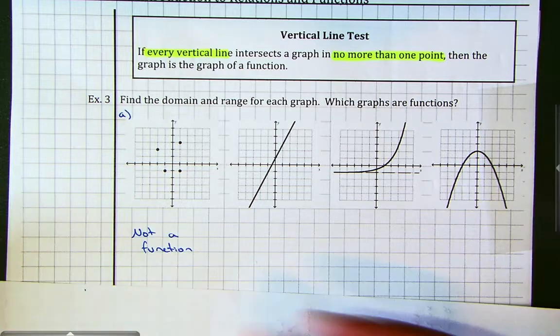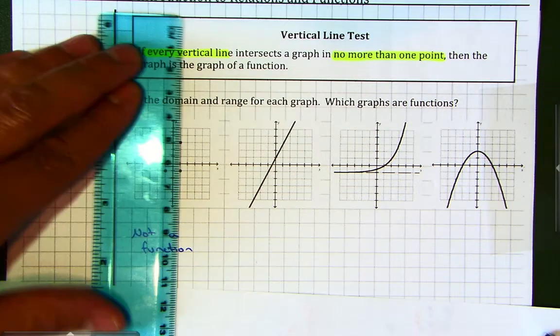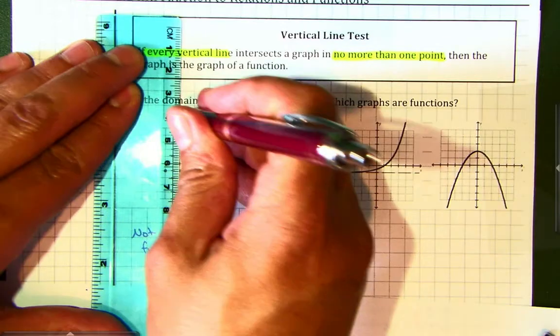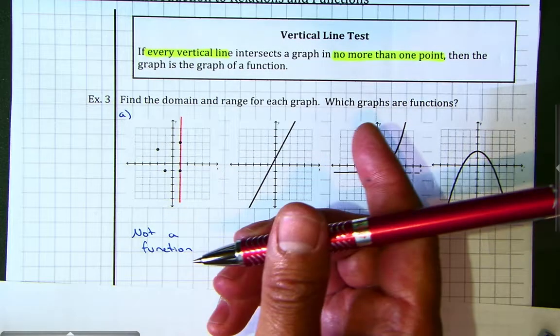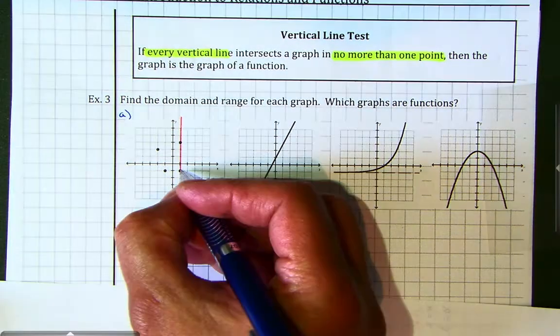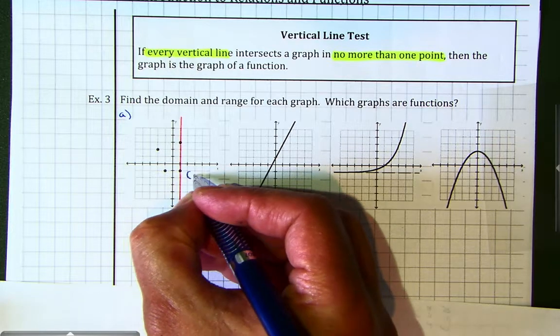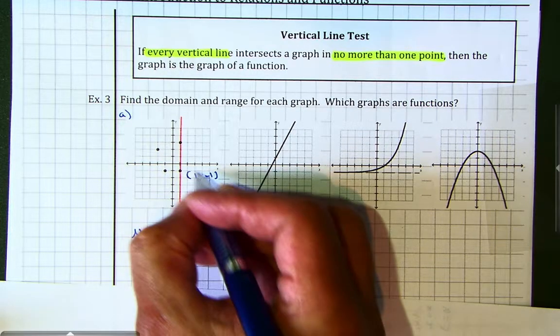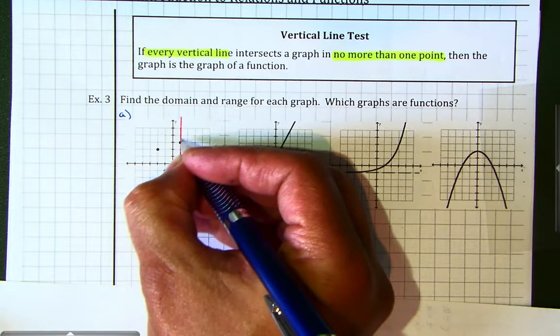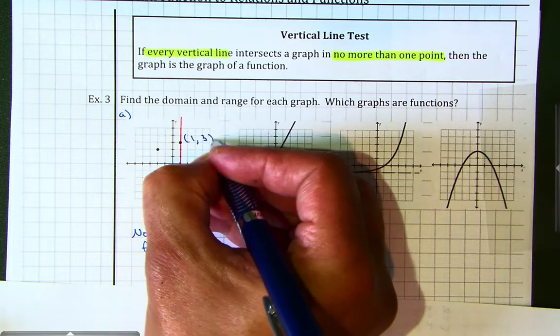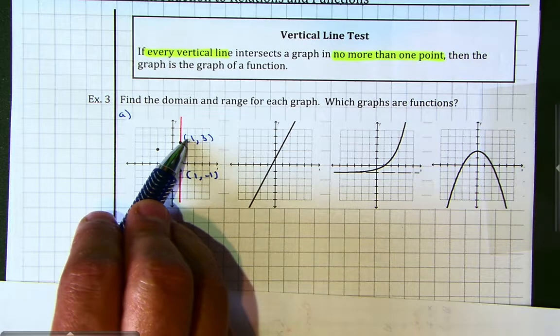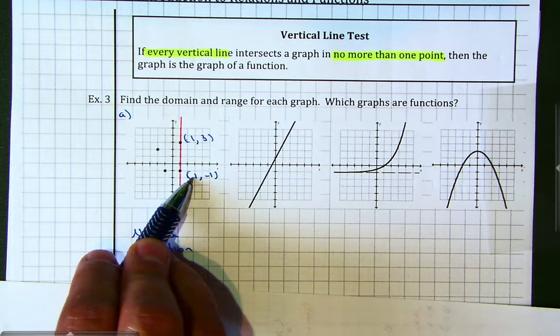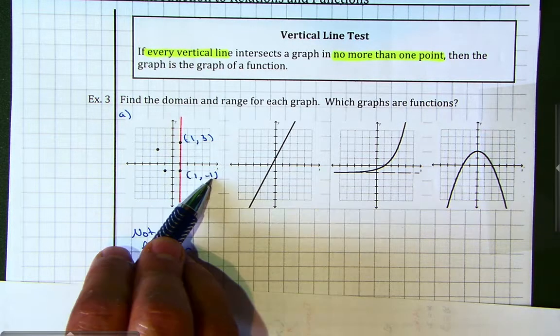And if it's not a function, do me a huge favor and just draw a vertical line. In this case, this point is 1, negative 1. This point is 1 and 3. We cannot have an x value point to two different y values.